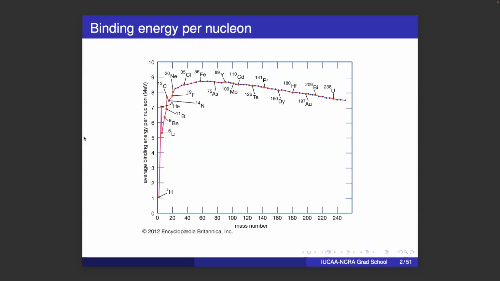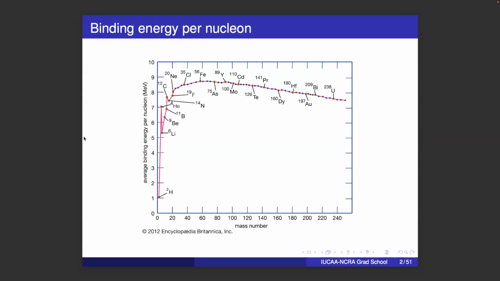The other thing to note is that up to iron, you can form elements by fusion, because fusion remains an exothermic process. After this point, because the binding energy per nucleon starts going down, even if you fuse atoms together, you don't get any net gain of energy.